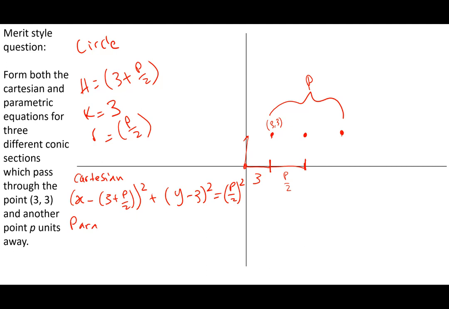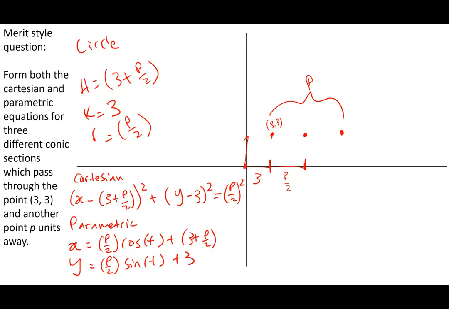The parametric will be x is equal to p over 2 cosine of t plus 3 plus p over 2. And y will be equal to p over 2 sine of t plus 3.